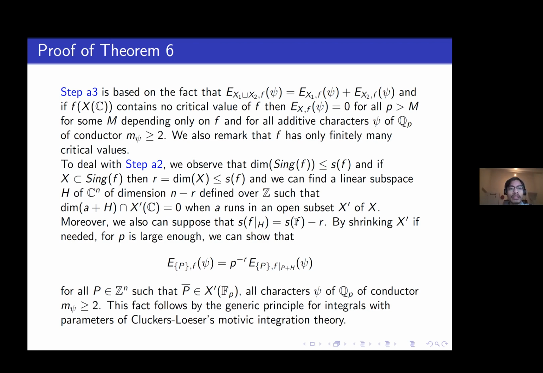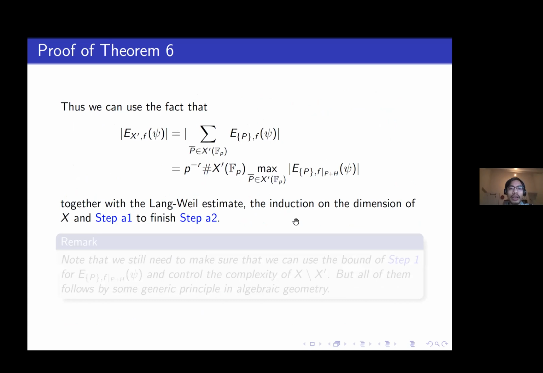And we use the fact that we can write the exponential sum over X prime as the sum of the exponential sums with P bar belonging to X prime(F_p), the reduction modulo p of capital P belonging to the set of F_p points of X prime.